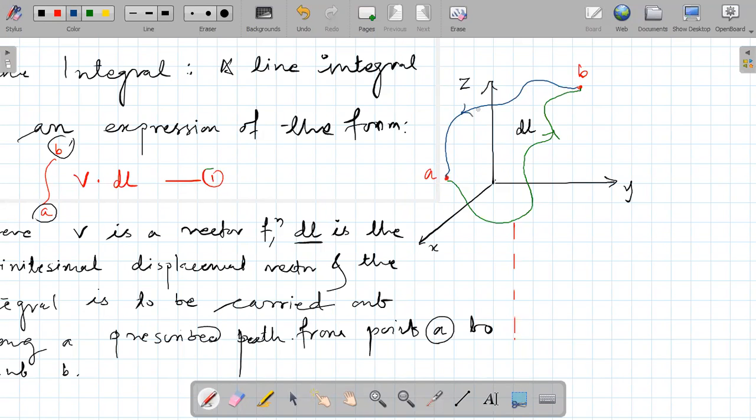Therefore, this is which type of loop? Closed loop. In this case, the initial point B equals A, and for such a loop, I will put a small circle on this integral sign, that is the closed integral of v dot dl.